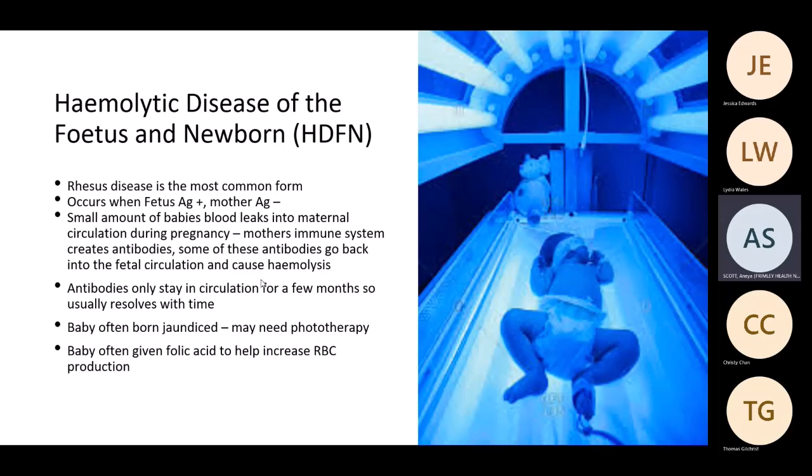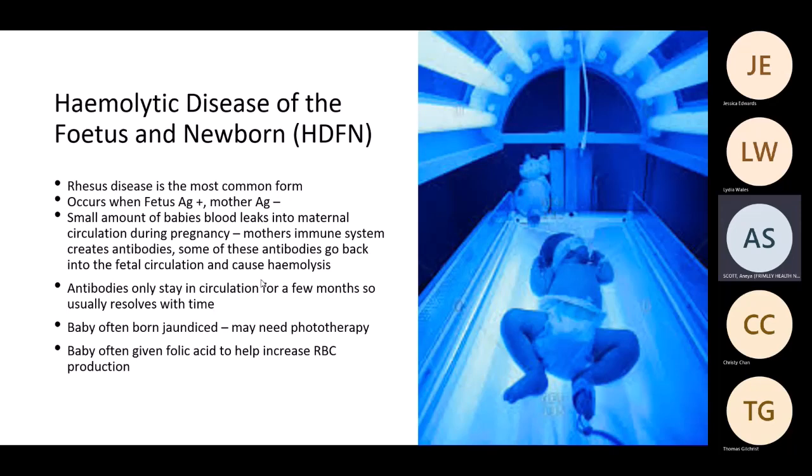It occurs when the fetus is rhesus positive and the mother is rhesus negative, and it's usually during childbirth that a small amount of the baby's blood leaks into the maternal circulation, and the mother's immune system creates antibodies, and then some of these antibodies go back into the fetal circulation and cause hemolysis.